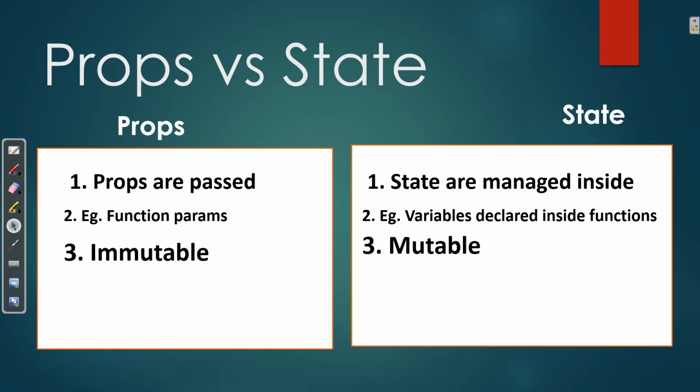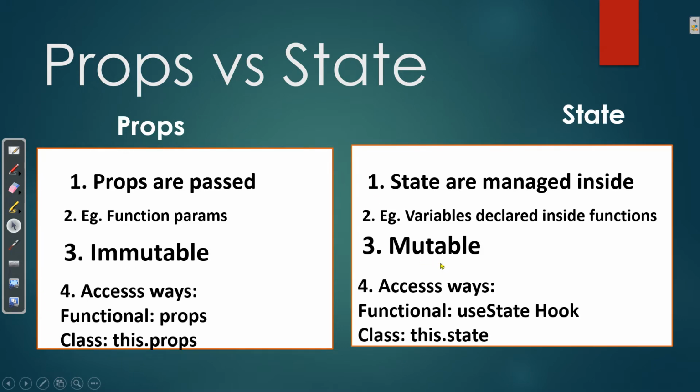That comes to our third point. We already discussed that props are immutable, so they cannot be changed and it will throw an error. I showed you in the last video. If you did not check that out, check my props video on React. But states are mutable, meaning we can change the state of the component inside that component. This is a very big point.